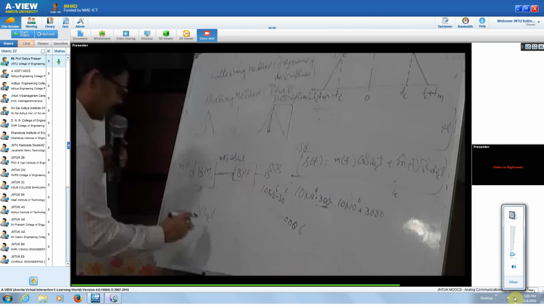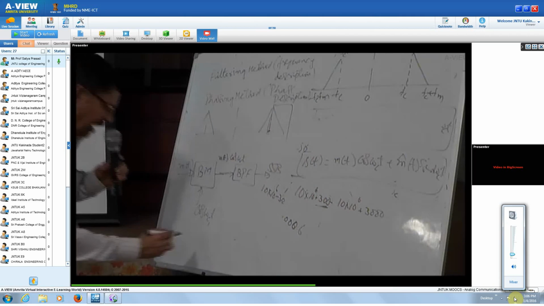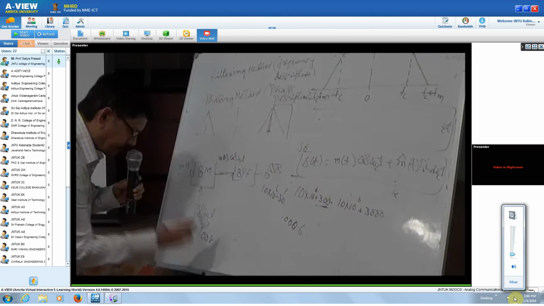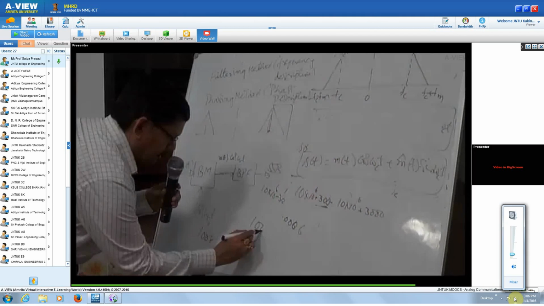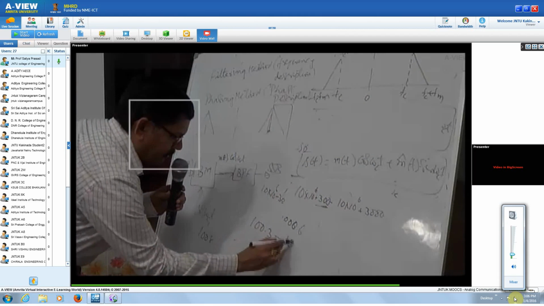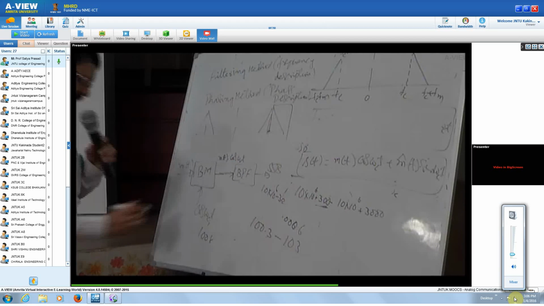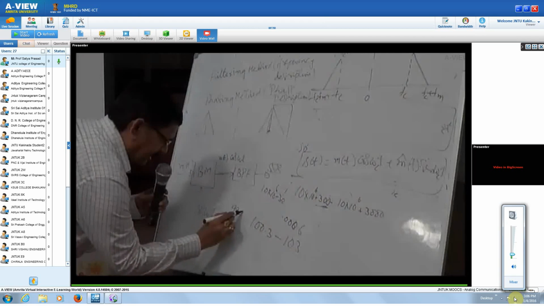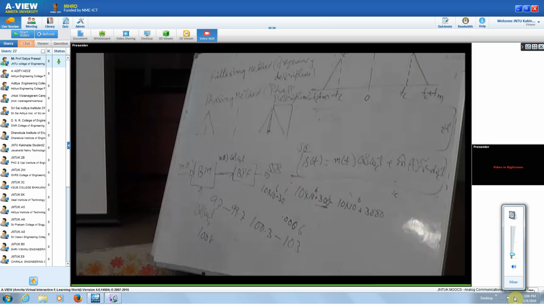Say that this cos omega C1, some other carrier frequency, I have made it 100 kilohertz, right? Then what will happen? 100.3 to 103 is the upper side band, right? And this is 99.7, 97 to 99.7.